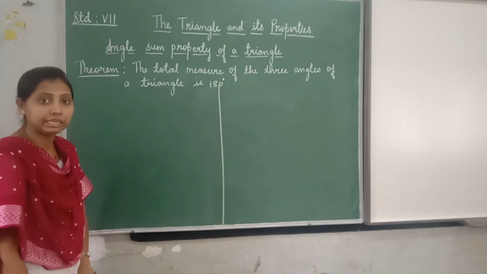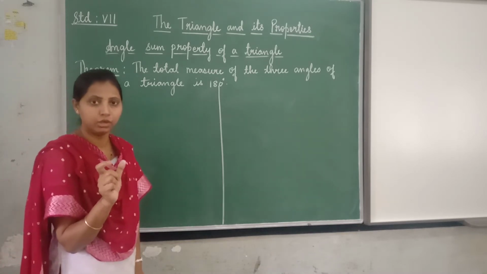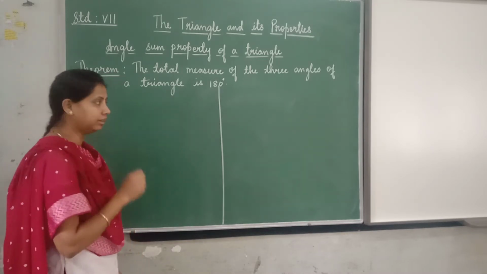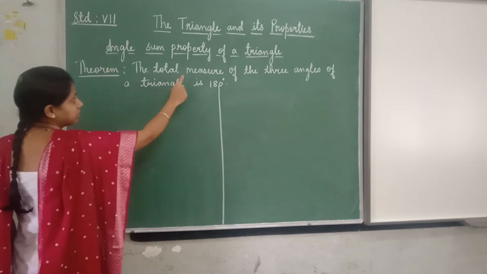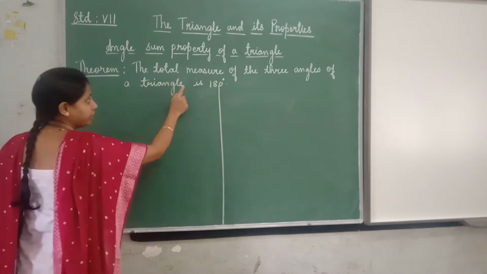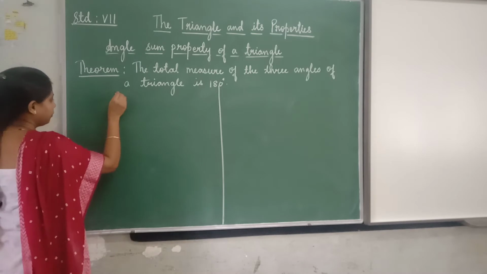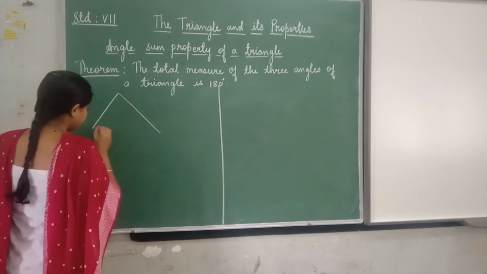To prove this, firstly you need a figure, children. To prove any theorem, firstly you need a figure. Now we have to prove that the total measure of the 3 angles of a triangle is 180 degrees. So the figure will be nothing but a triangle.